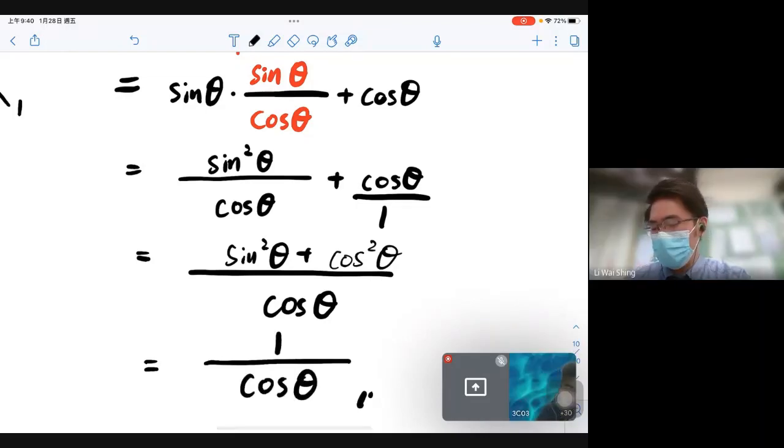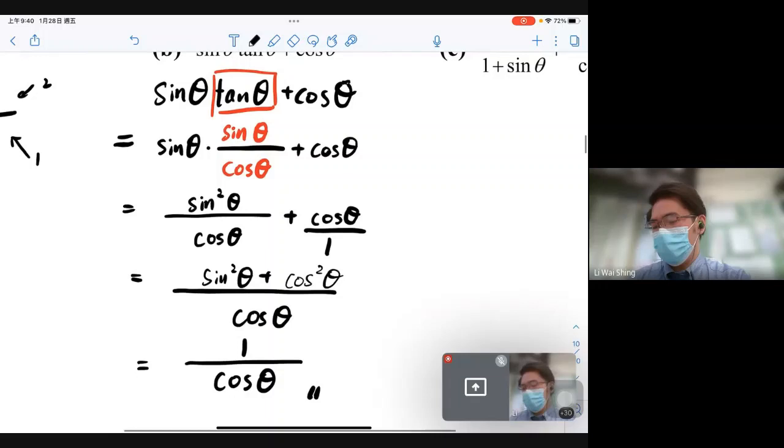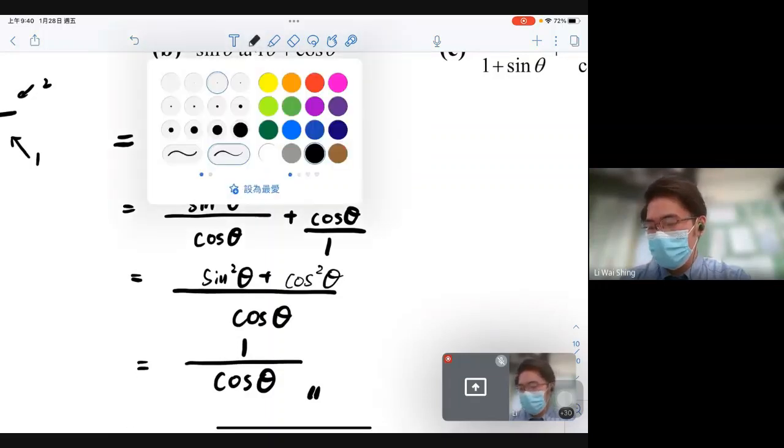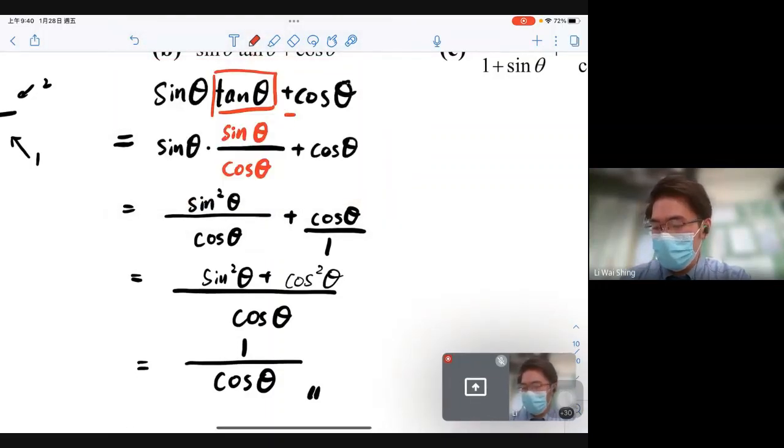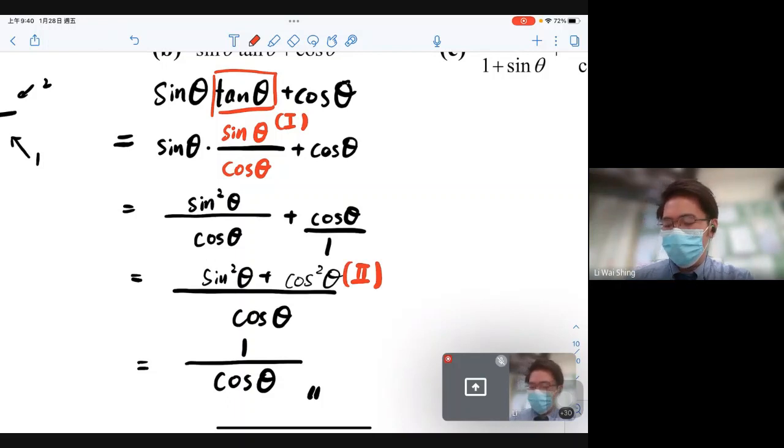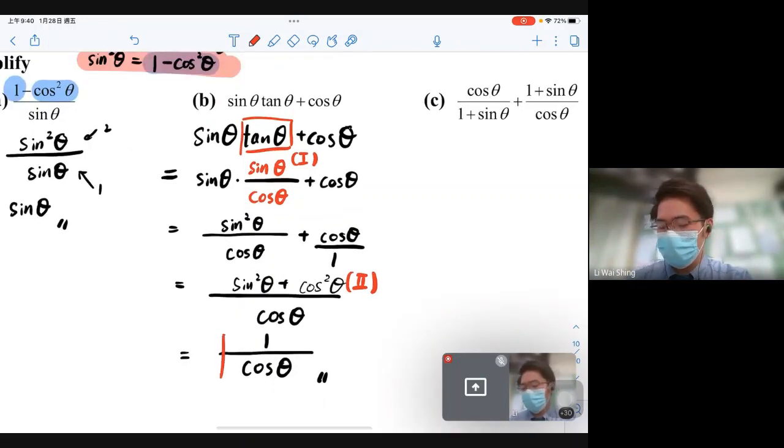Very good. Thank you so much. So you can see the two steps that Felix told me. The first step, he changed tangent into sine over cosine. Then by combining the fractions with a common denominator, he can use the second identity, sine square theta plus cosine square theta equals 1. So you finish your simplification.